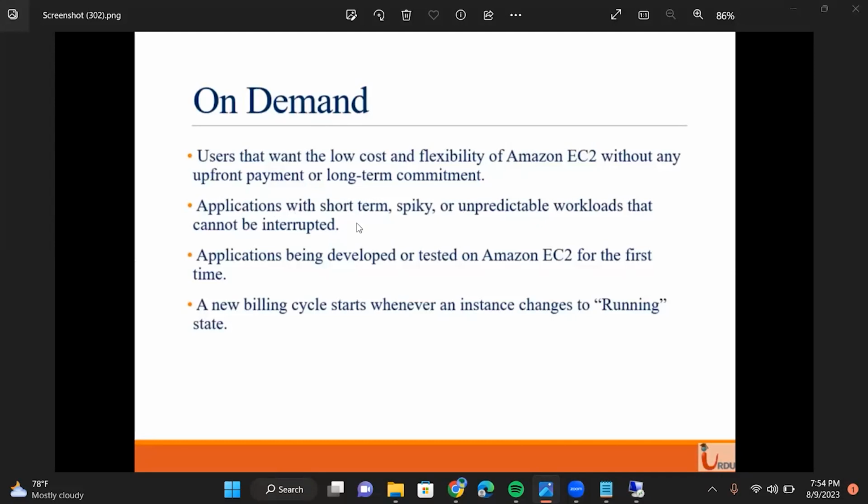Applications with short-term, spiky, and unpredictable workload that cannot be interrupted. Here is an example. Let's say we are a company and we are creating a new app, and now we want to launch this app to the public.